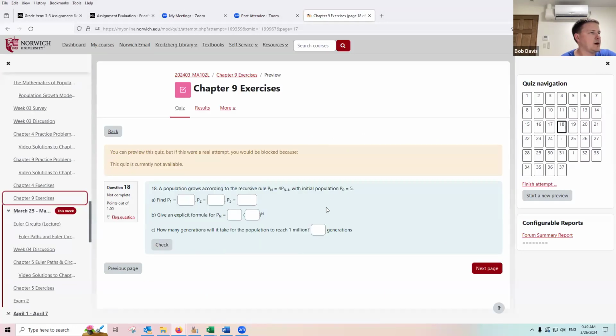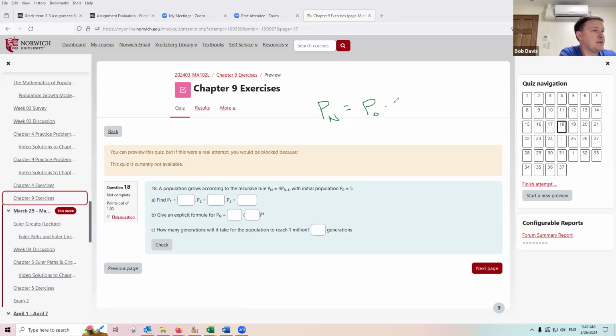So this one, I understood the formula when it talks about part A. I'm finding P1 and P2. I didn't get B, but I think this was again where I didn't understand the explicit formula. Yeah, so this would be Pn. Let me just write it here: Pn equals 4 times Pn minus 1.